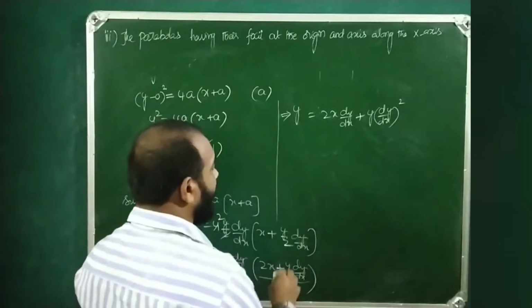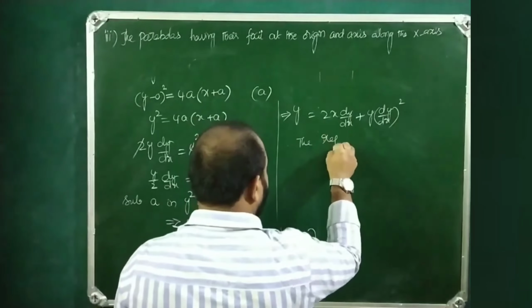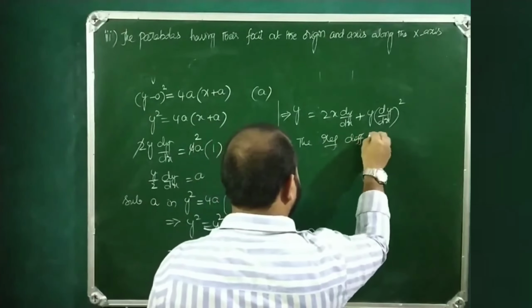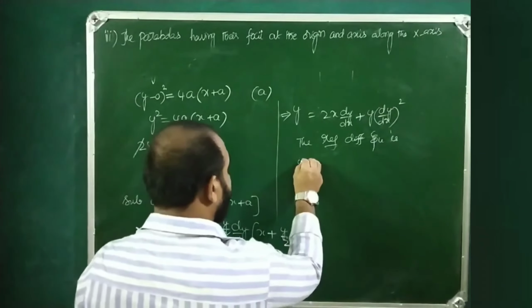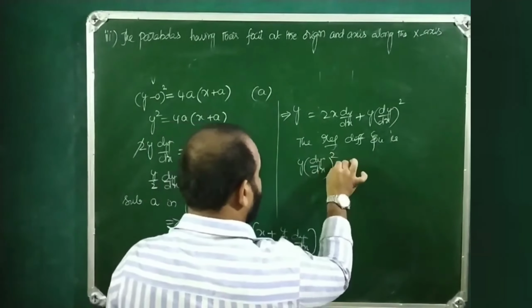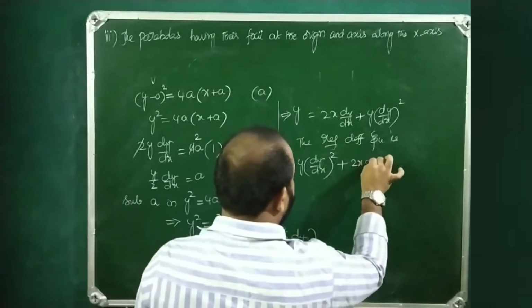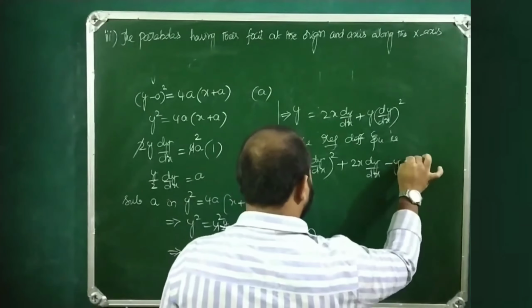Therefore, the required differential equation is y (dy by dx) whole square plus 2x dy by dx minus y equals 0.